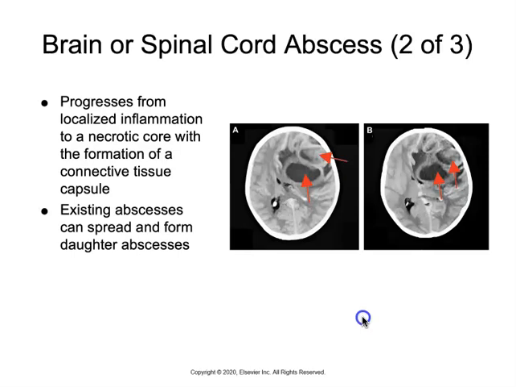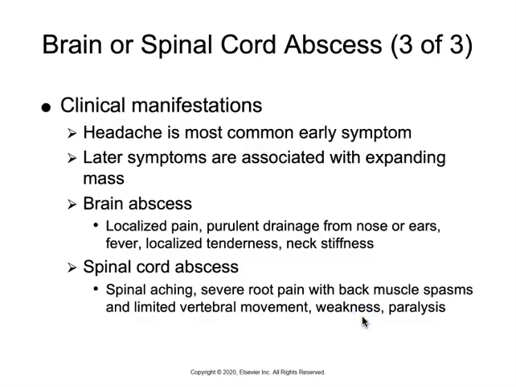If not properly treated, these existing abscesses can spread and form daughter abscesses in nearby tissues, which of course worsens this condition and can increase our risk of severe complications that would include seizures, paralysis, or even systemic infection. So I mentioned some of the clinical manifestations of these abscesses, and we also discussed how it depends on their location. The earliest and most common symptom is going to be a headache.